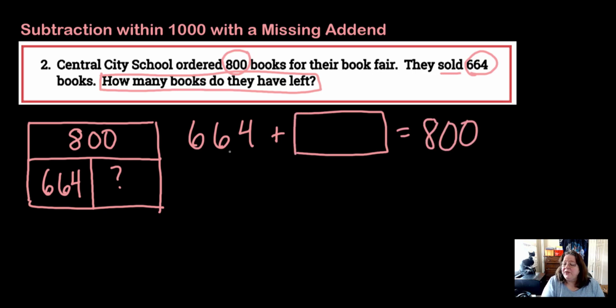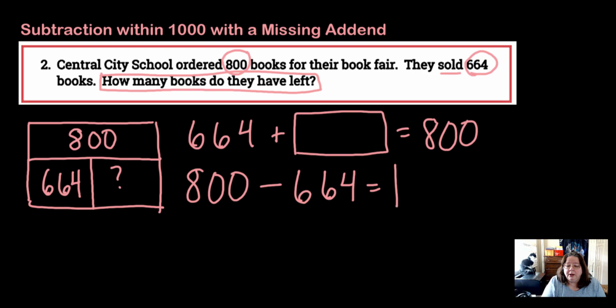And using what I know of fact families and of inverse operations, I know that if I have two parts that add together to make a whole, if I take the whole, subtract out one part, I should have the other part left. So if I start with 800, I can subtract 664, and I will find that missing addend.